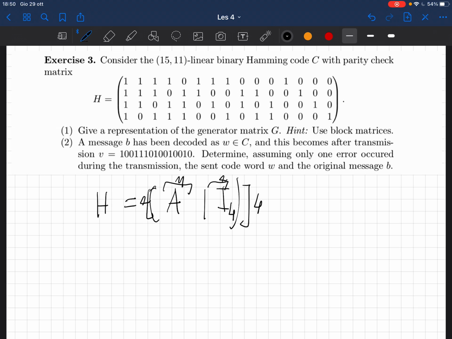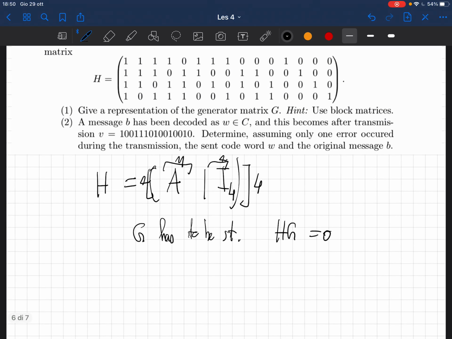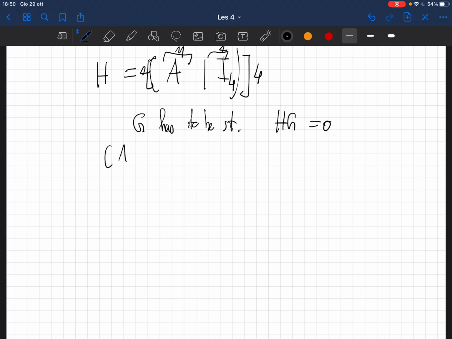So what is the generator matrix? It has to be a matrix such that when you do H times G it is equal to 0. And so it's going to be something like I4. So this is 15, 4.